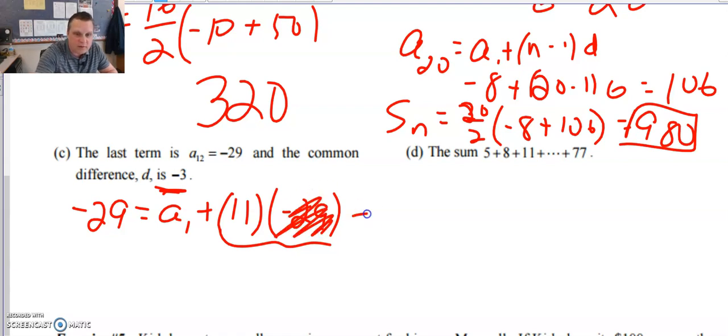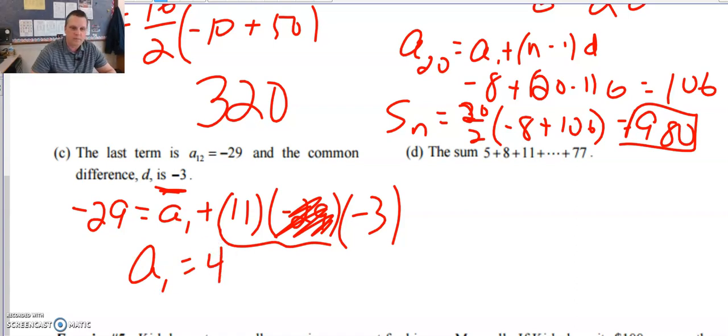Sorry, not -29, it's a -3, because that's the difference. So you have 11 times the -3, and then you have to bring that over, that's your -33, add it to both sides, A1 is 4.